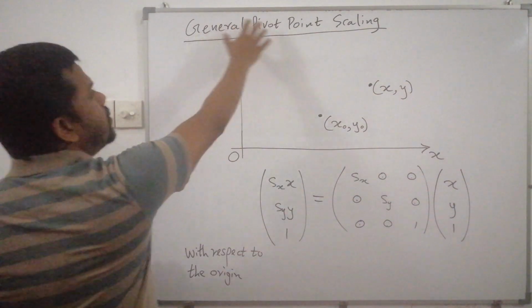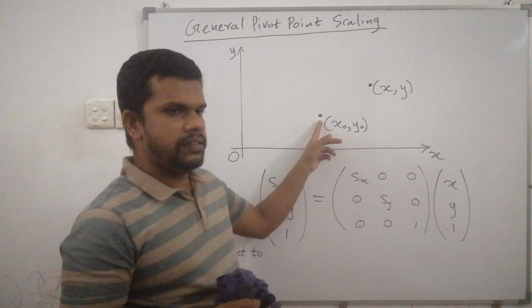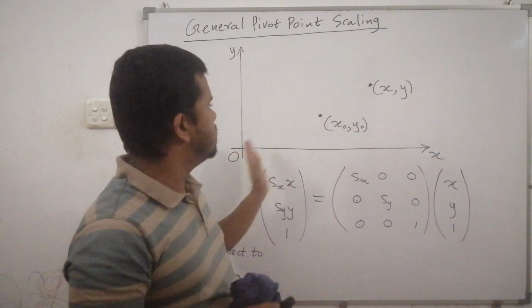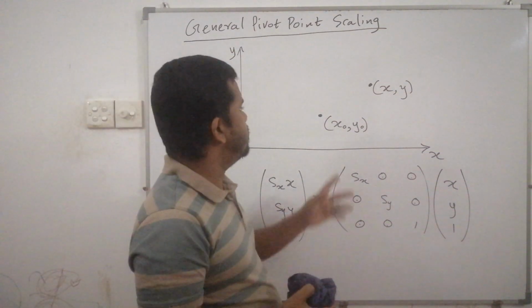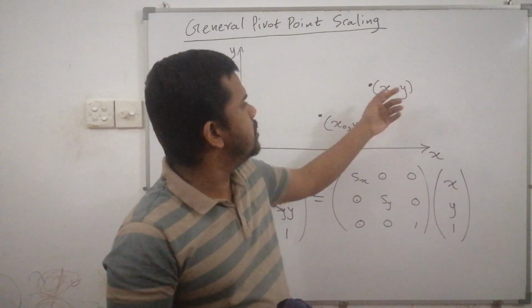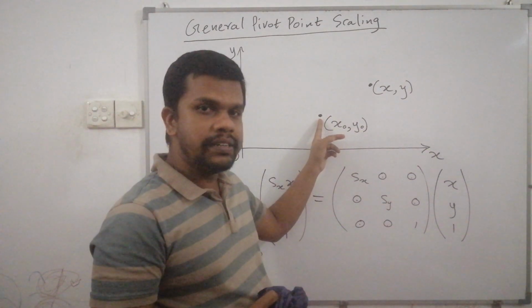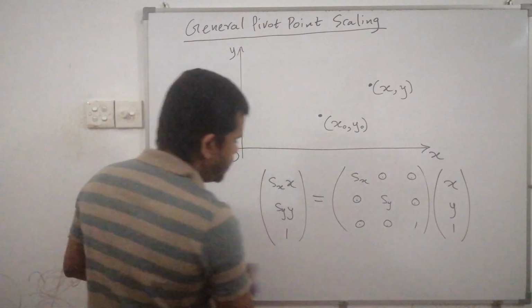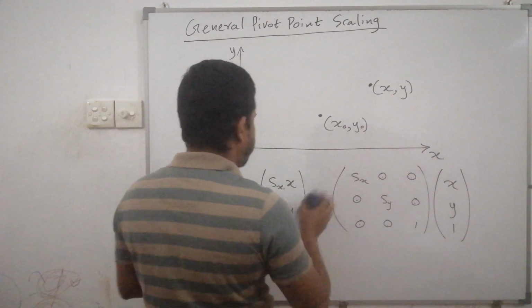Now general pivot point scaling means now we have a general point, not the origin. So we should find a matrix that can be used to scale this point with respect to this point. So now we are going to try to use this matrix.